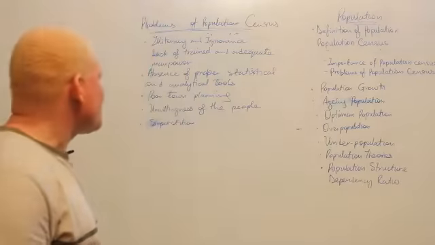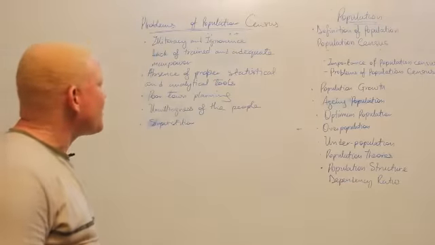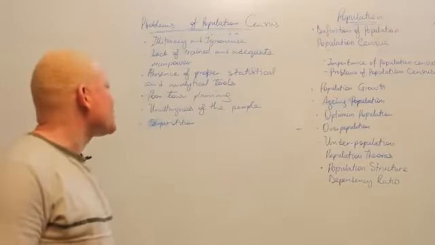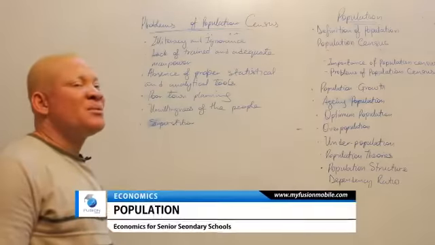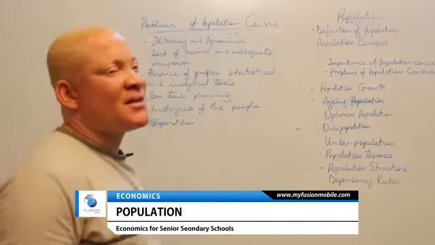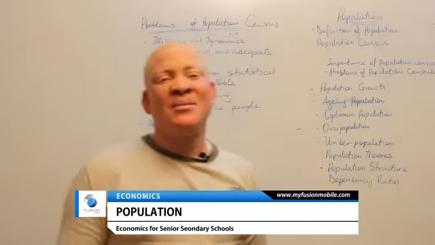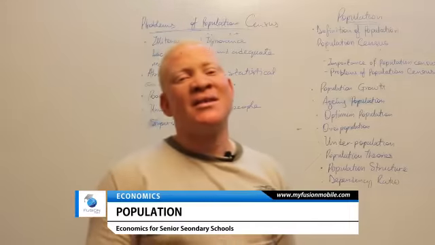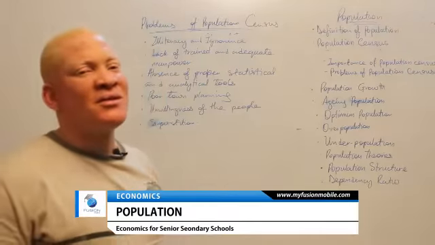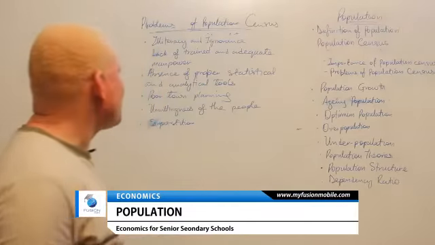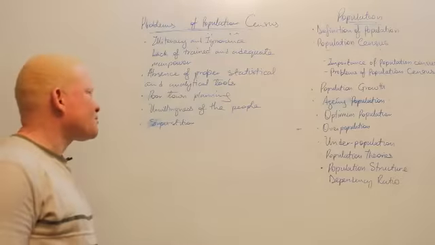Then, we also have absence of proper statistical and analytical tools, which means even after data is collected, certain things have to be employed to analyze the data collected and get good figures and good data. Then poor town planning.